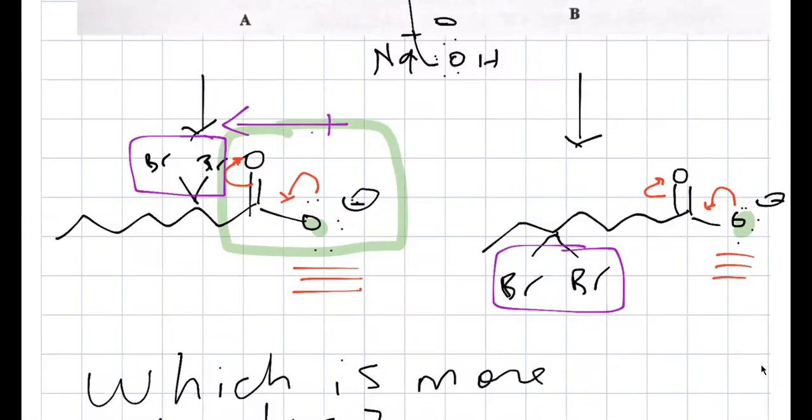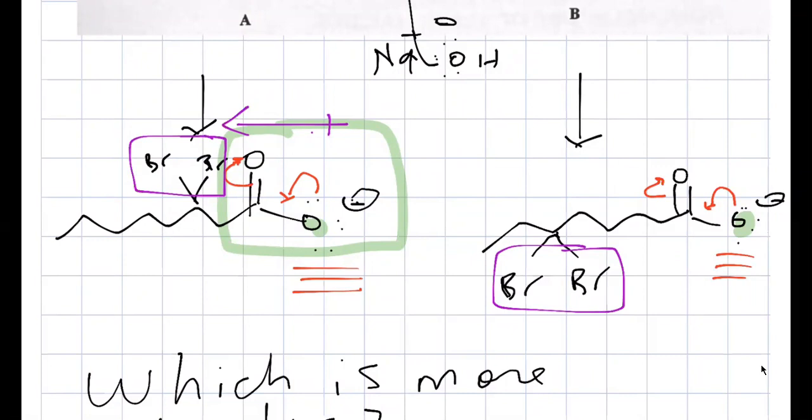Or if you've seen metal filings close to a magnet, if you put a group close to that electron cloud, it's going to start pulling that electron cloud towards itself. So the closer it is to the cloud, the more able it is to disturb that cloud and move some of that electron density towards itself.